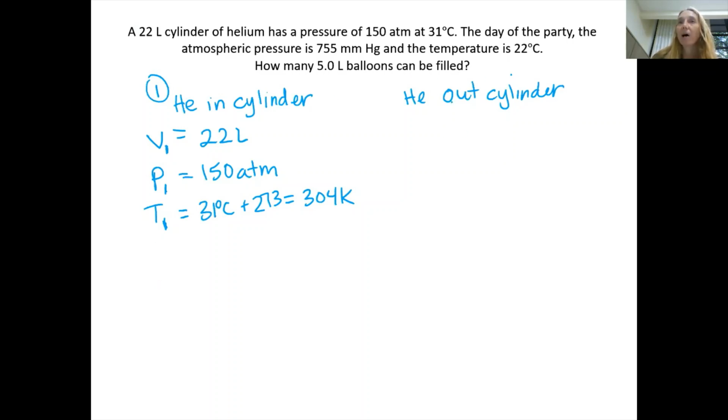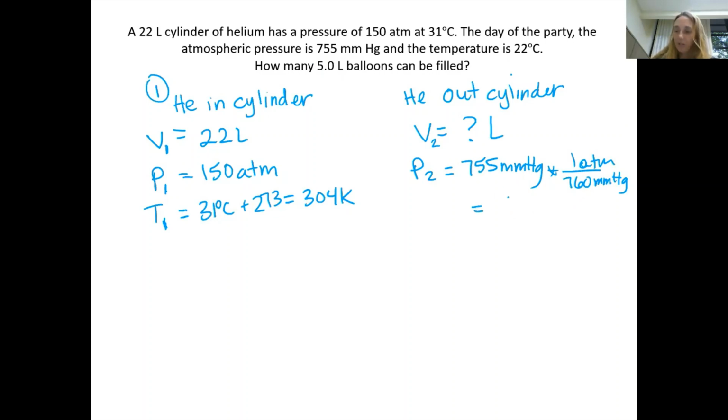Now I'm going to take the helium out of the cylinder. Out of the cylinder at the party, we want to know how many liters of helium there are. I know the atmospheric pressure is 755 millimeters of mercury, and I'm going to convert that right away. 760 millimeters of mercury equals 1 atm, so this equals 0.993 atm.